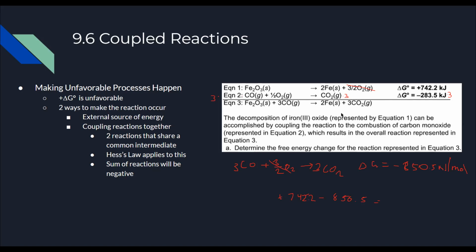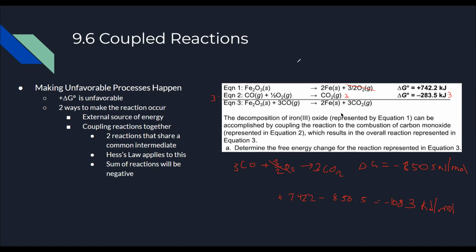So 742.2 minus 850.5 is negative 108.3 kilojoules per mole. And that is thermodynamically favorable.